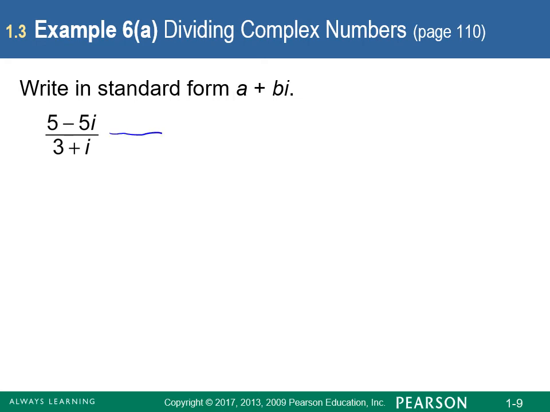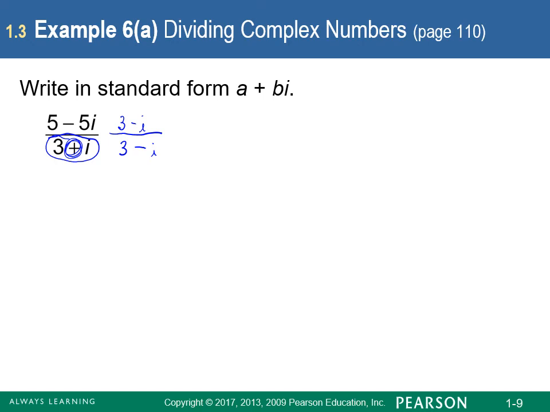You need to multiply top and bottom of the problem by what is called the conjugate of the denominator. That's a 3 plus i, and we're going to use 3 minus i. So all we're doing is changing the middle sign to its opposite. And we're going to put that in top and in bottom. And then do all that multiplying.